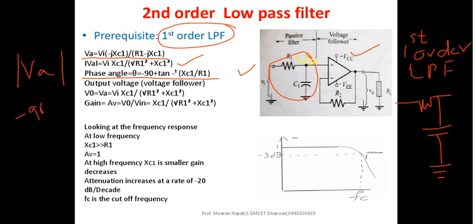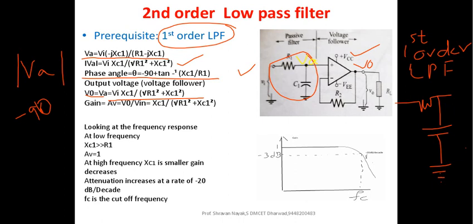If you look at the output voltage, that is the voltage follower, V0 should be equal to VA, because your operational amplifier is simply configured as a voltage follower here, right? So V0 will again become Vin into XC1 divided by the square root of R1 square plus XC1 square.